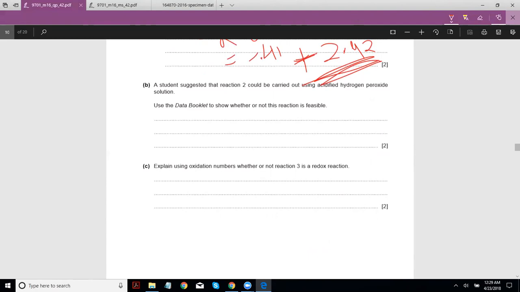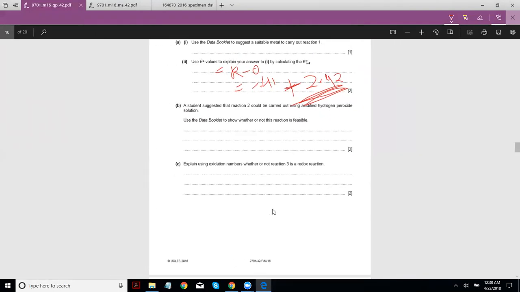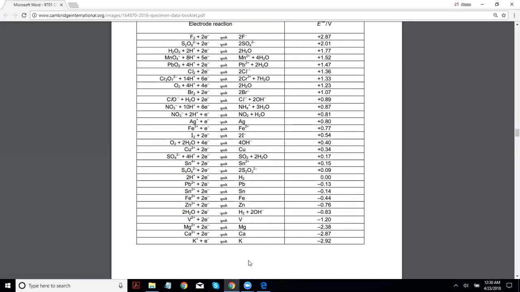A student suggested that reaction 2 could be carried out using acidified H2O2. Use the data booklet to show whether or not this reaction is feasible. So you check H2O2 का. Where is that H2O2?